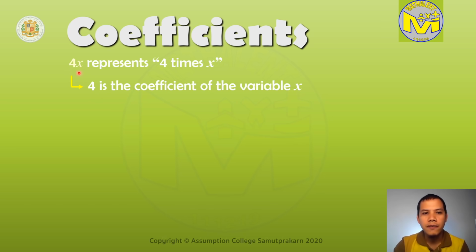So what is a coefficient? Good question. Coefficients are numbers, usually before a variable in a term. This is one term, 4x. 4 is the coefficient. x is the variable.